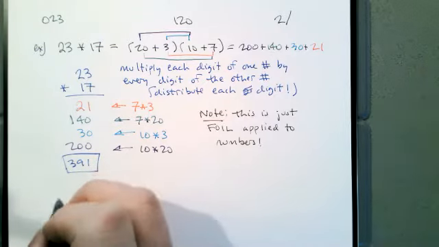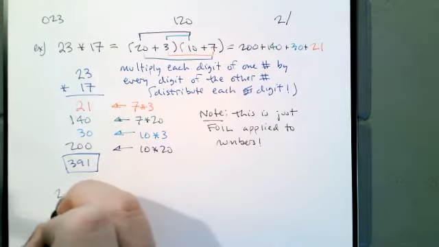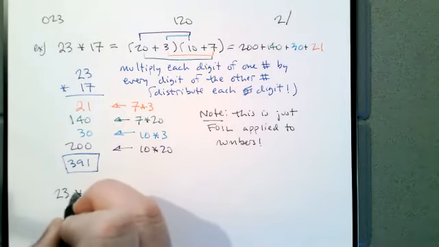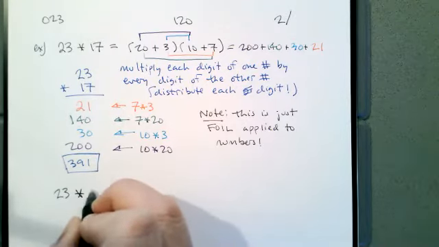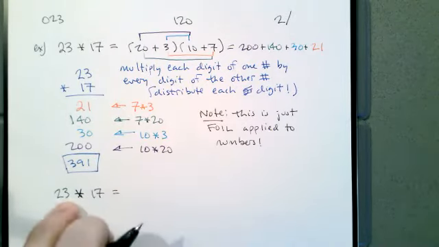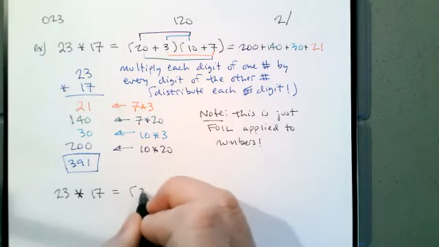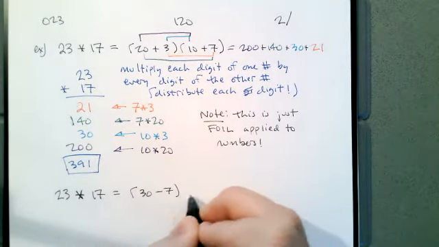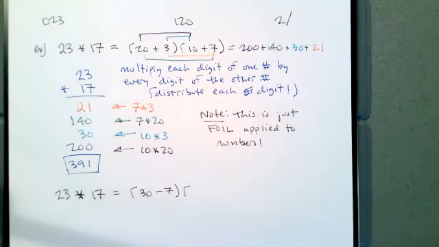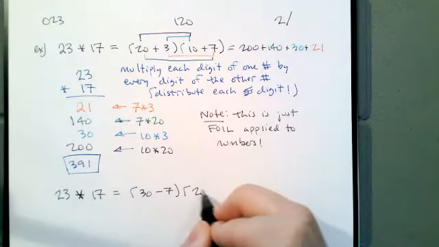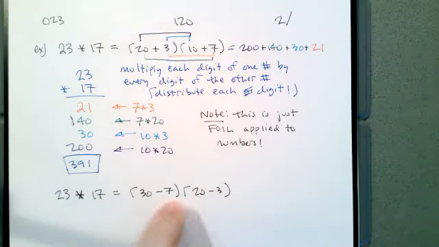This is a weird side note, and I recommend not doing this as a common practice, but 23 we could think of as 30 negative 7, and maybe 17 is 20 negative 3. 30 minus 7 is 23. 20 minus 3 is 17. This is still 23 times 17.